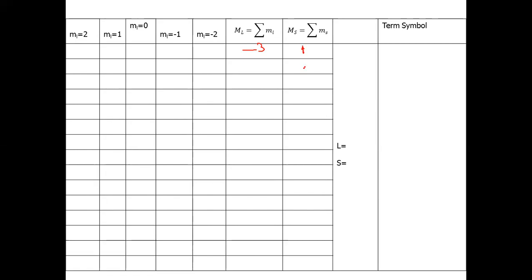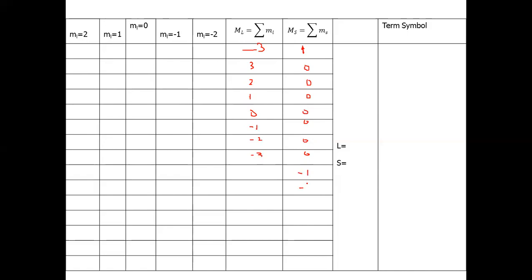We will take MS to be 0, again with ML from plus 3, 2, 1, 0, minus 1, minus 2, minus 3. Next, we have to take MS as minus 1.